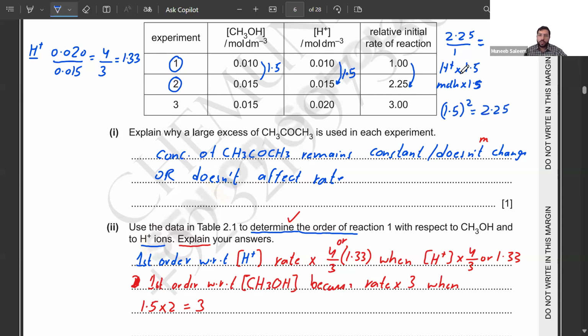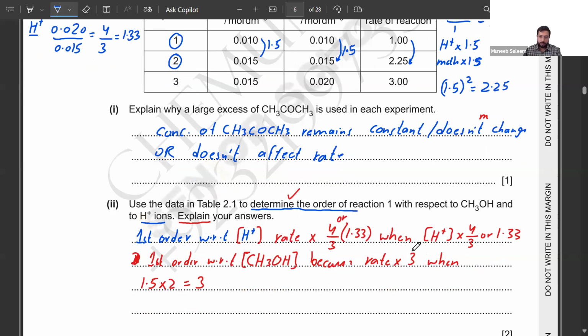So if the concentrations are changed by equal values and they give a similar change in the rate of reaction, then it means that both are first order. Both have provided an equal ratio with the rate of the reaction. So again, it is first order.